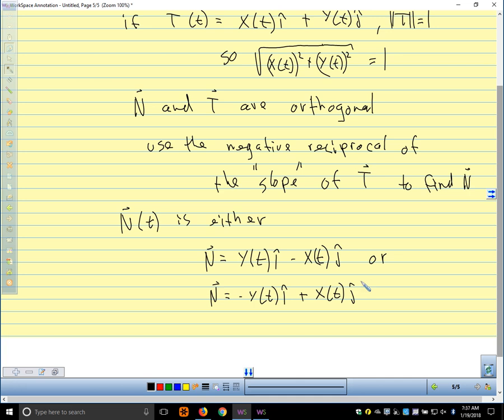And since T is a unit vector, N is going to be a unit vector also. So we don't have to normalize it, because the square root of y of t squared plus x of t squared is 1.